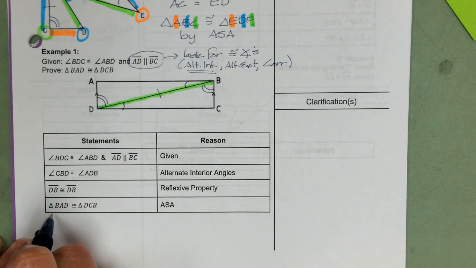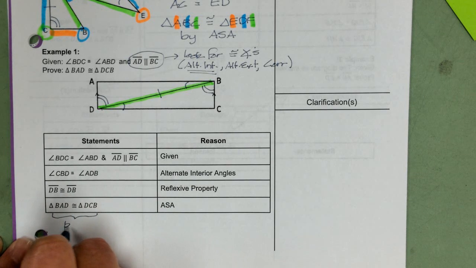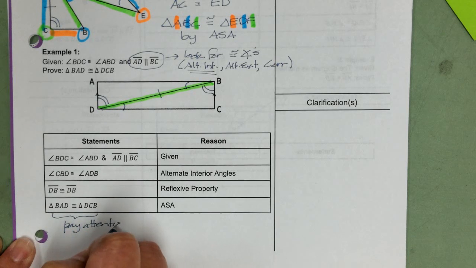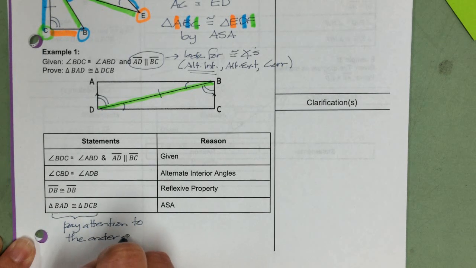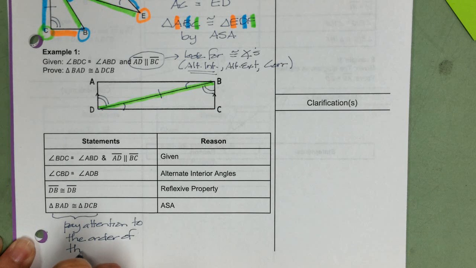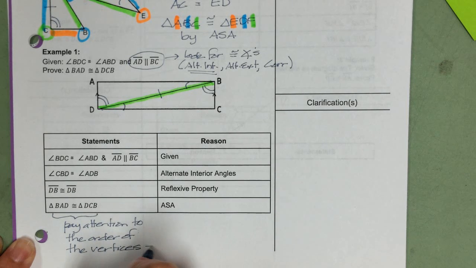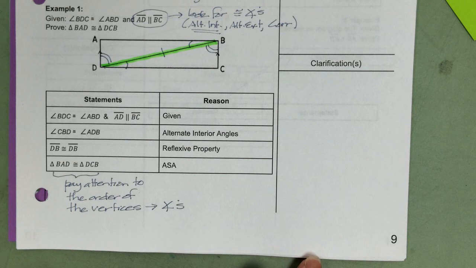Now, I want to caution you here, as I have throughout the videos, pay attention to the order of the vertices which represent the angles. So make sure you're paying attention to that when you're writing your congruency statements.